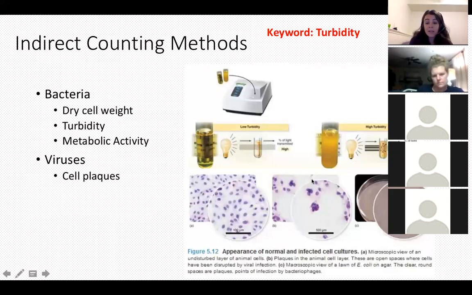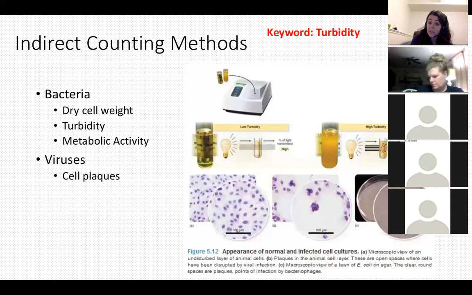But if there's a lot of bacterial growth like this vial on the right, most of that light is going to get blocked, and when we try and shine it through the culture, it's not going to hit that light sensor. And so the amount of light that we can shine through the culture can give us an idea of how many bacteria we have growing in it. And again, for all of these indirect methods, you would have made some type of standard curve, and you'll plug it into a math equation that will tell you, if it's this cloudy, it has about this much bacteria in it, and if it's this cloudy, it has this much.